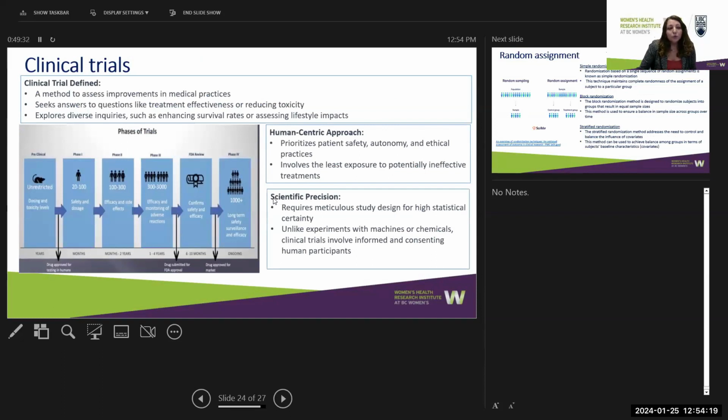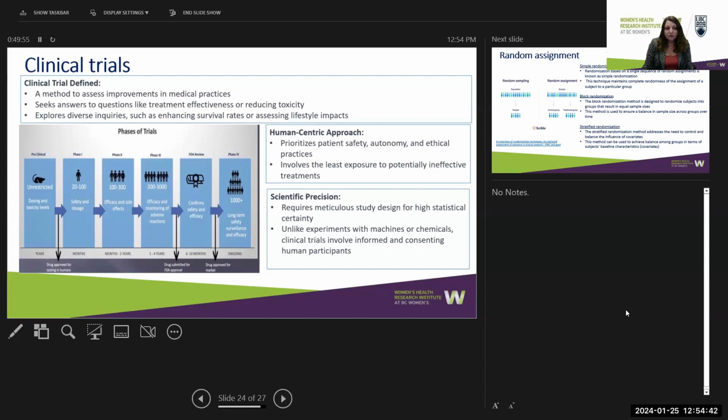So here I put a picture of the phases of trial design. Usually there are four different phases of trial design. Preclinical, when usually you decide about dosing or toxicity level. After that, it's safety and dosage, phase 1.